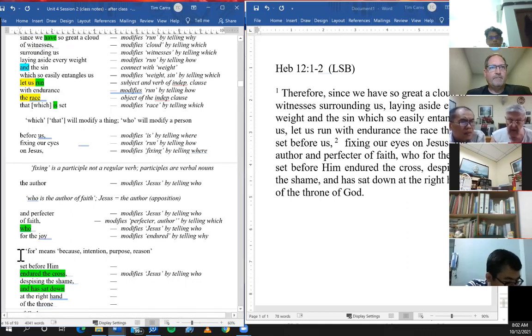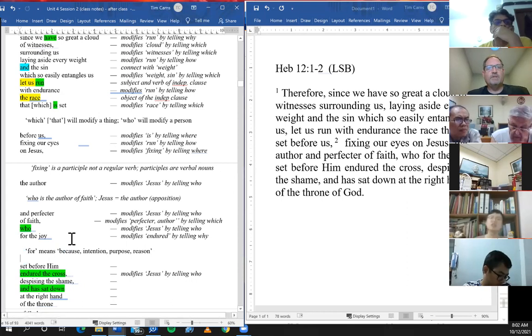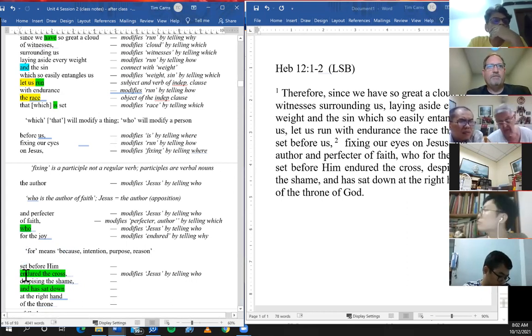Now that's an interesting statement if you think about it, right? That Jesus endured the cross, and one of the reasons was because of the joy set before him. So we'd have to answer the question, well, which joy? What does that mean? That would be something you would need to explore further. But as far as the diagram is concerned, yes, for the joy modifies endured.